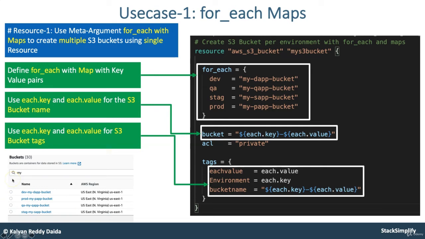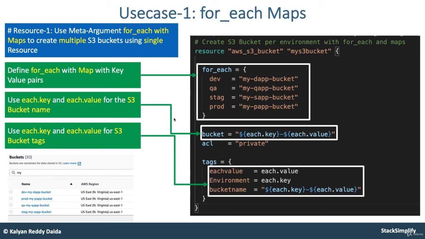As usual, the for_each meta argument is changing the behavior of the aws_s3_bucket resource. A single aws_s3_bucket resource is able to create multiple buckets, or resource instances you can say. All these buckets are aws_s3_bucket instances. So that's the for_each maps example we are going to implement.